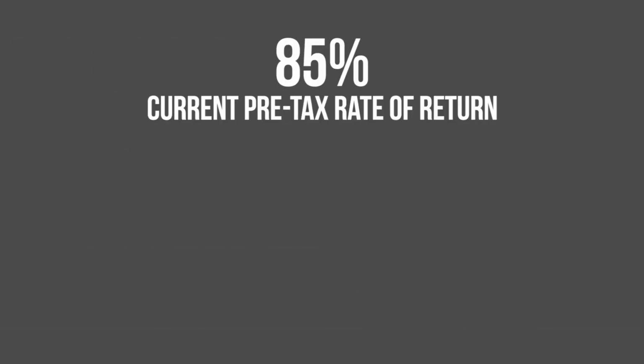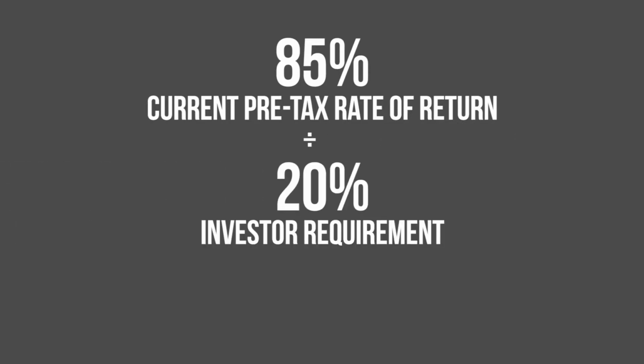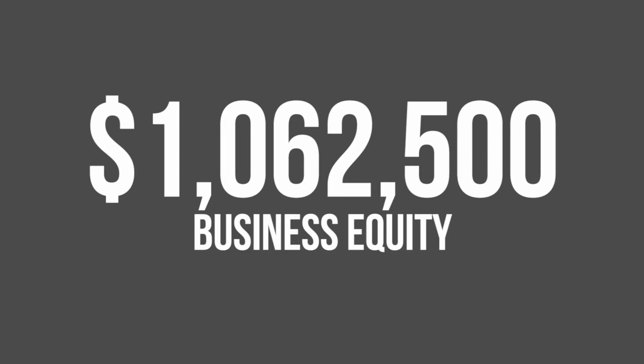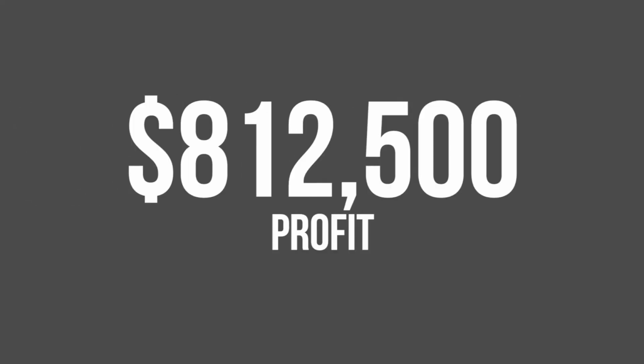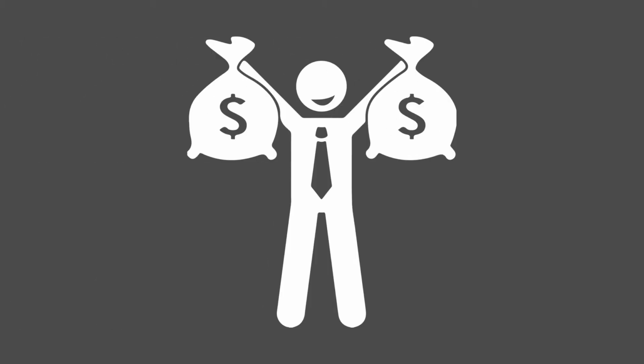Just take the 85% current pre-tax rate of return and then divide it by the 20% investor requirement, and you get 4.25. My business equity is now worth $1,062,500. But since I put up original investor capital of $250,000, I've now made $812,500. Now that is huge, and you're on your way to being insanely rich.